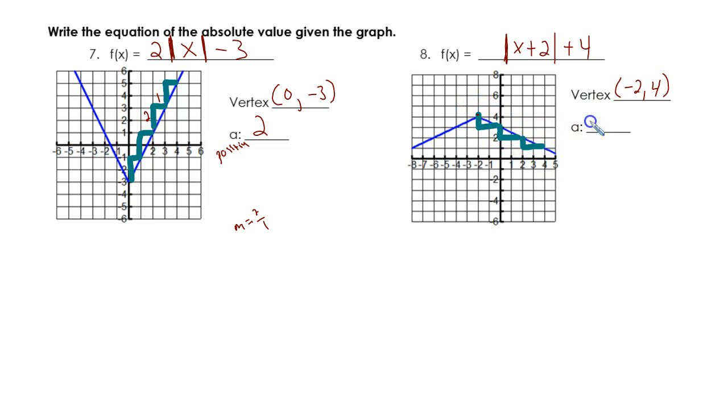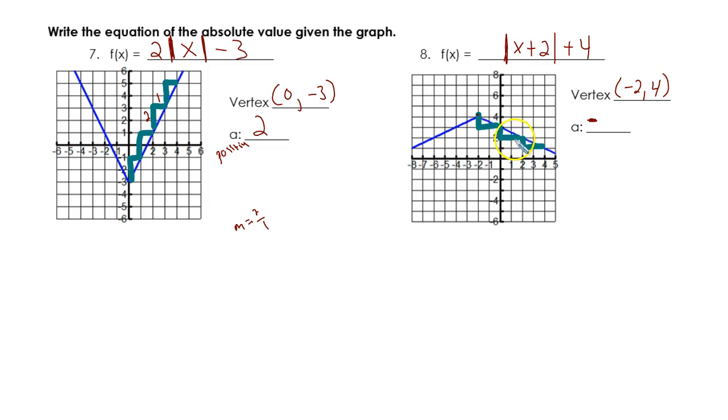That means that our a is going to be negative, and we find the slope by just counting down and to the right, by finding the slope of that right side of the vertex. Down 1, right 2.